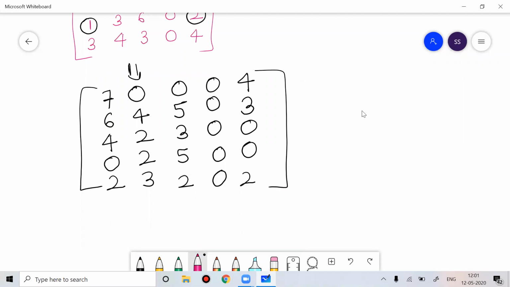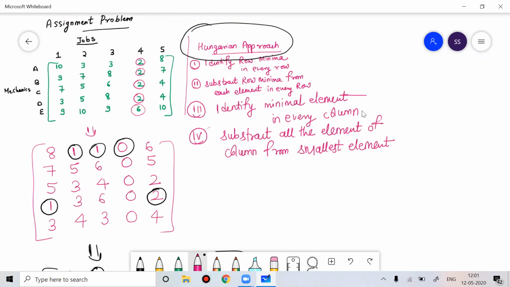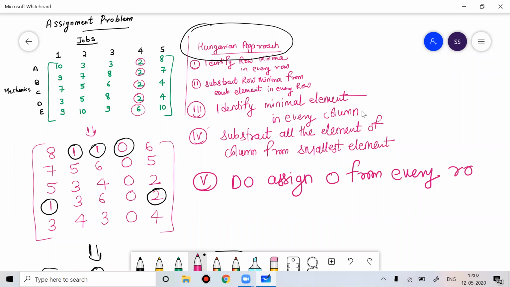So when we work on assignment, what you have to do is assign a 0 from every row if the row contains only one 0.